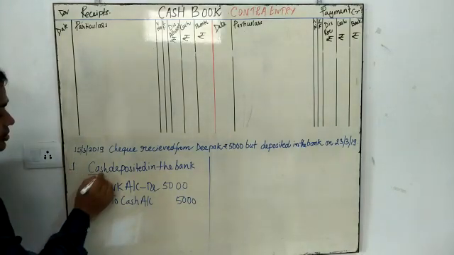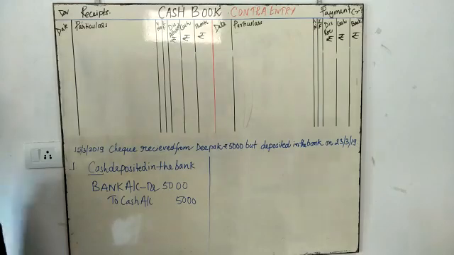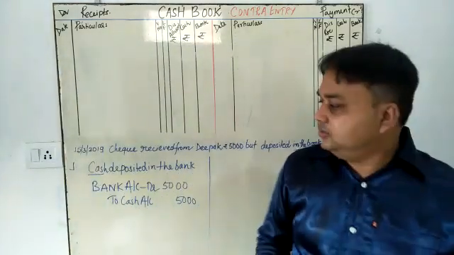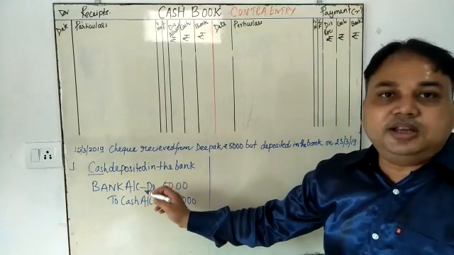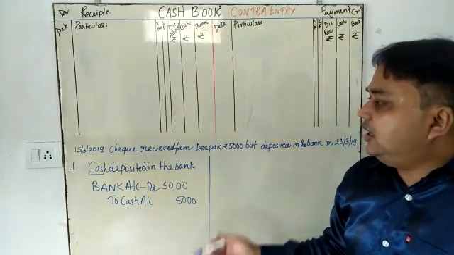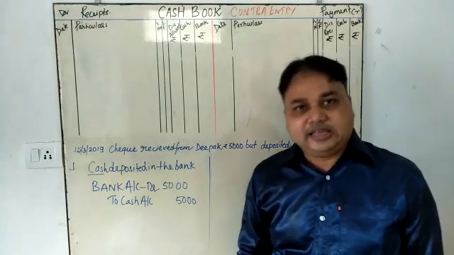So what you observe: cash deposited into bank means your bank balance is going to increase, but your cash balance is going to decrease. One thing is going to increase, another thing is going to decrease. In this situation, how do you put this in the cash book?